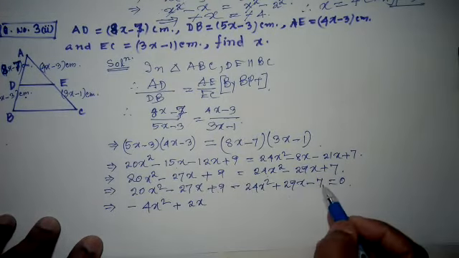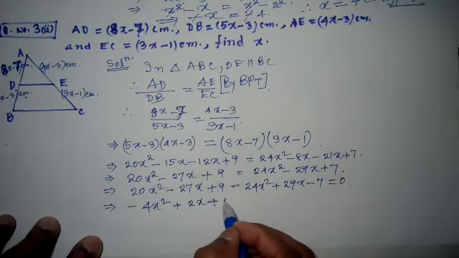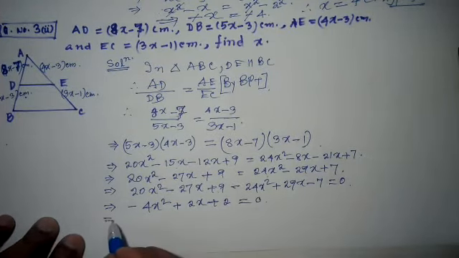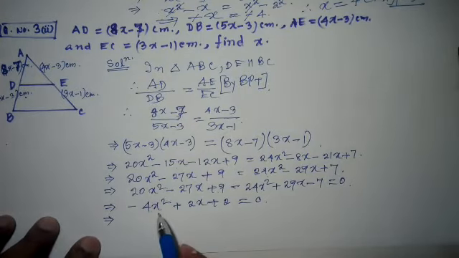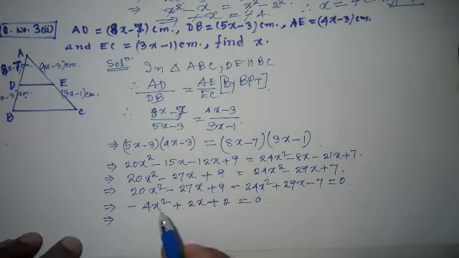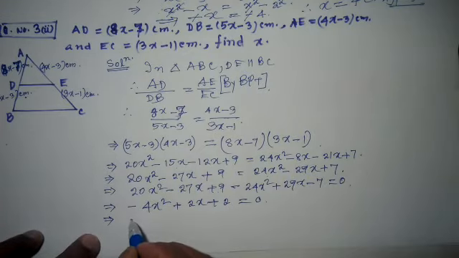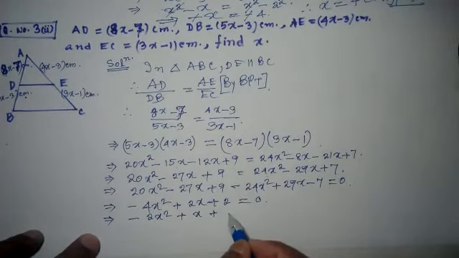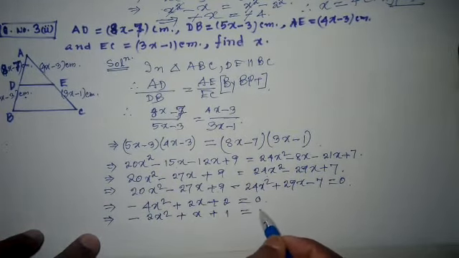Then plus 9 minus 7 will be plus 2 is equal to 0. And next line, we can make this equation simpler by dividing all the terms by 2. Divide by 2, divide by 2, divide by 2. So it will be minus 2x square plus 1x plus 1 is equal to 0. Also divide by 2, it will be 0 only.